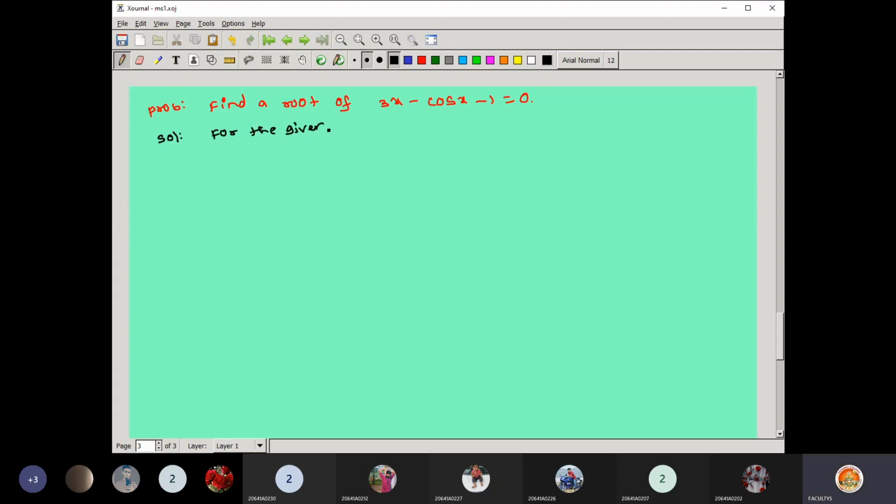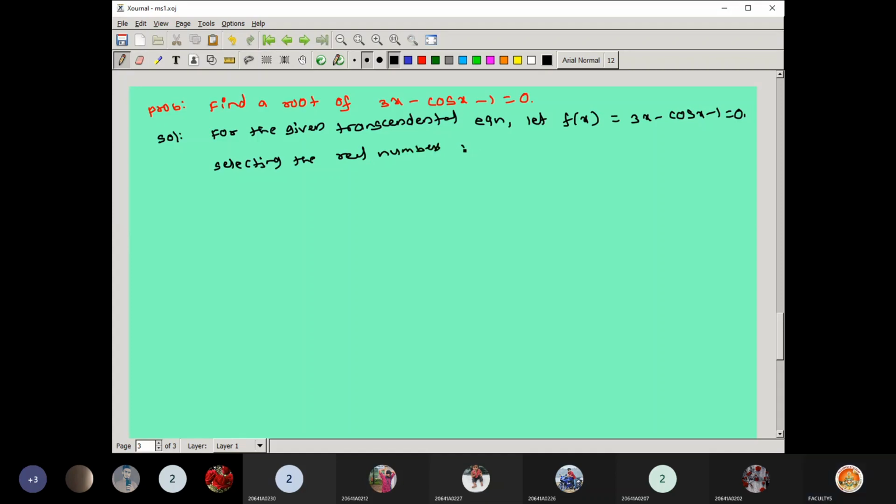So the solution is, write down the systematic procedure for the given transcendental equation. For the given transcendental equation, let f of x equal to 3x minus cos x minus 1 equal to 0. Now you are selecting the real numbers a and b.